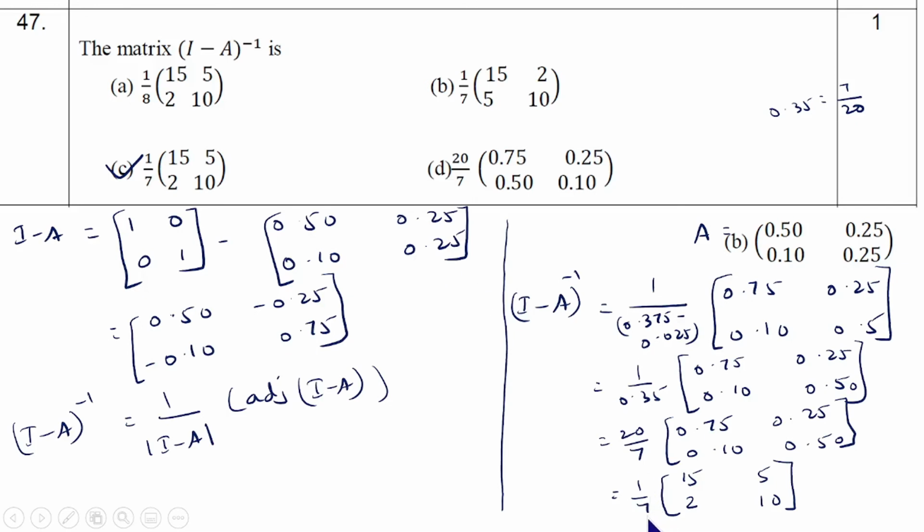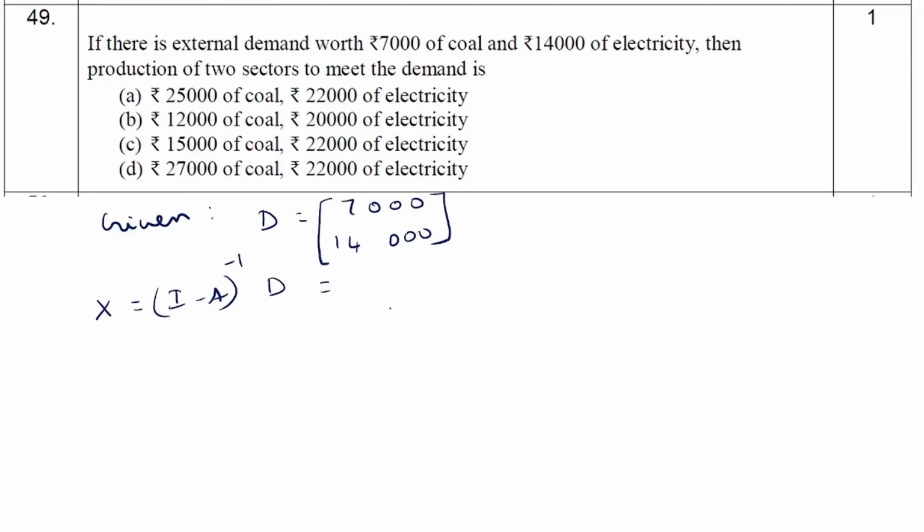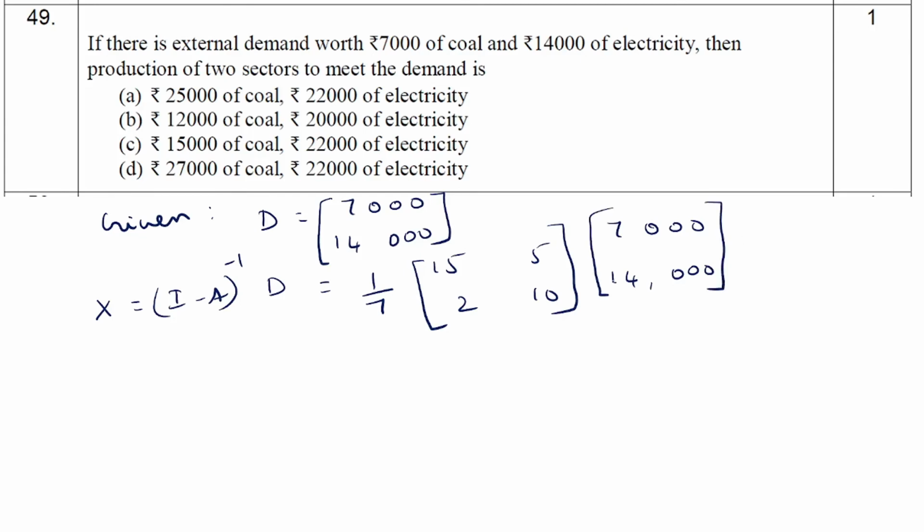So (I minus A) the whole inverse is 1 by 7 into this matrix 15, 5, 2, 10, into this matrix D, 7,000, 14,000. Here we can divide 7,000 by 7 and 14,000 by 7, and we get 1,000 and 2,000.